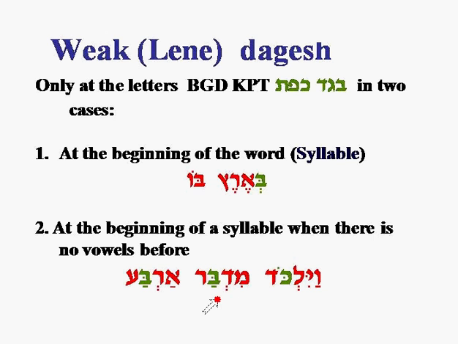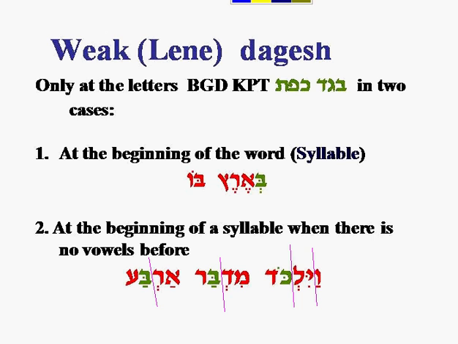And also here, Midbar, or Arba. Let me just divide it for you so it will be easier to understand. One division would be here, Va, Il, Kod, or this one, Midbar and Arba.